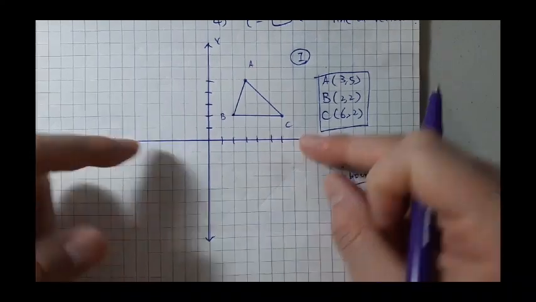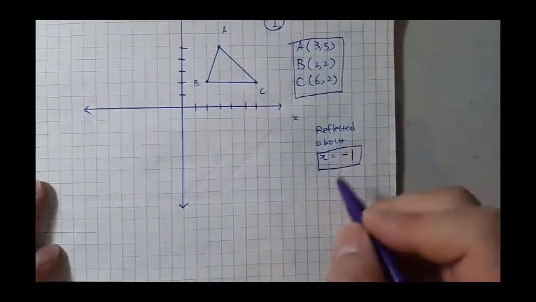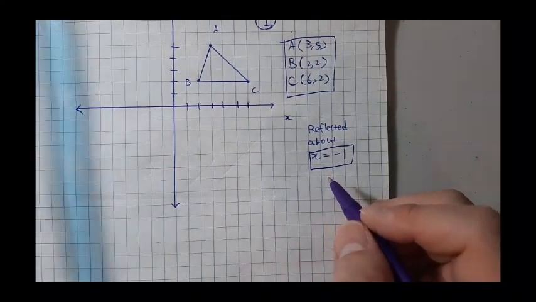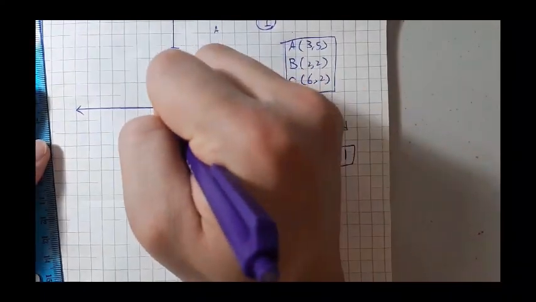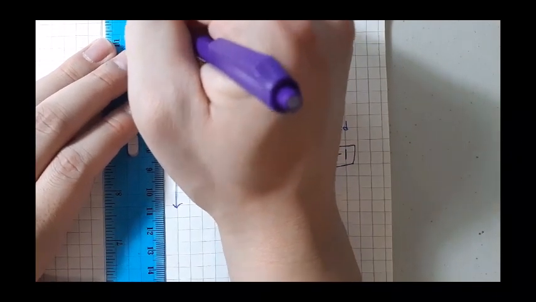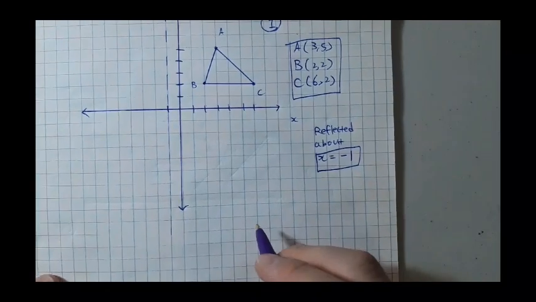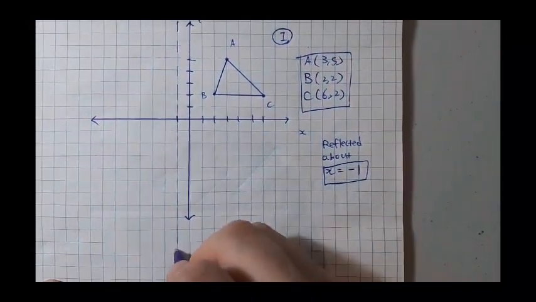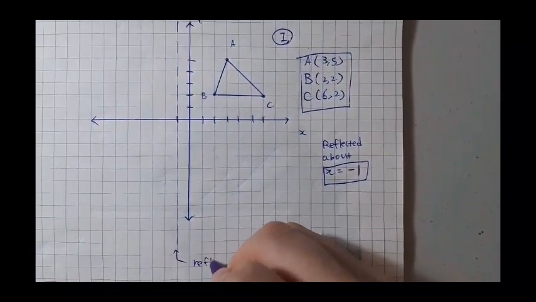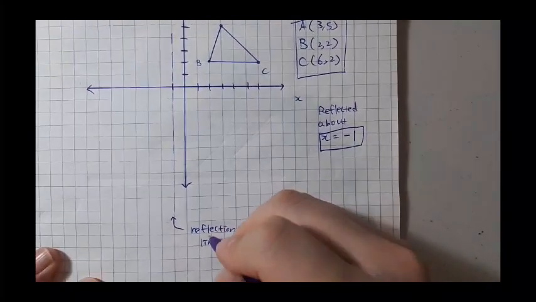If it's about the x-axis, it's up to down. But now the condition is a little tricky: x is equal to -1. That means my reflection line has to be indicated by a dotted line. Can you see I'm putting this very poor dotted line, sorry, but that's my reflection line, or line of reflection.